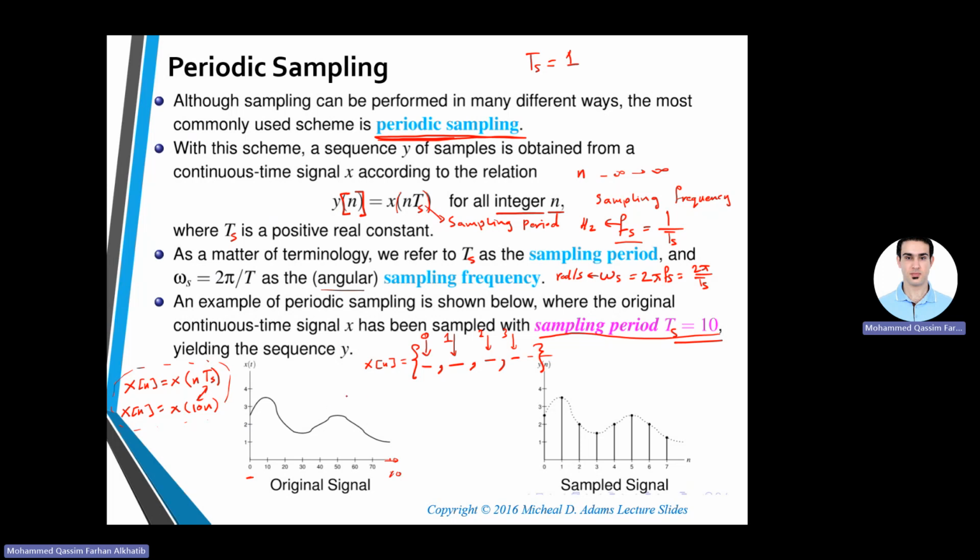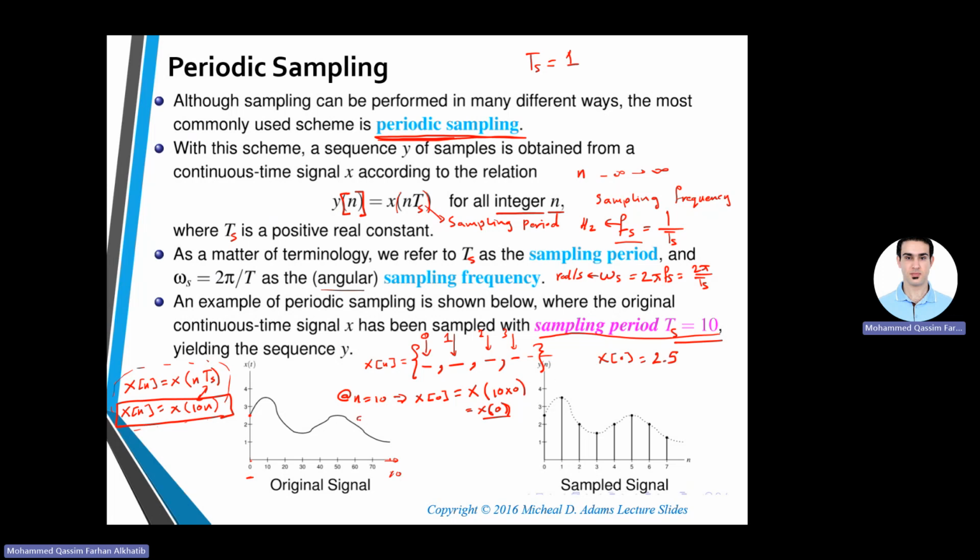At n equals 0, I will have x of 0 equals x of 10 times 0, which is x of 0. I get this value from the continuous function, remember, the parentheses mean the continuous function. Here's my 0, and it's almost 2.5.